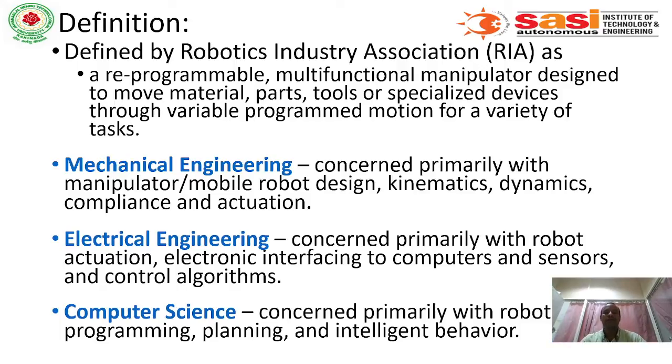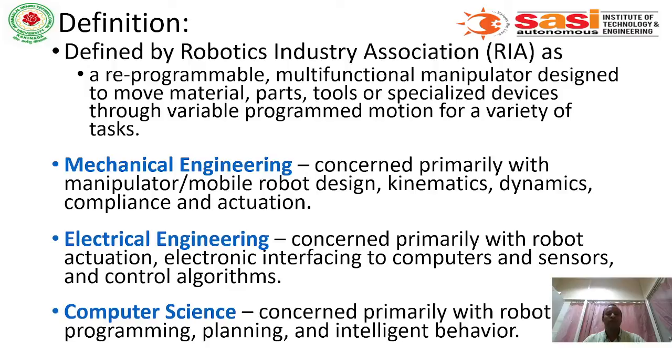It's a multifunctional manipulator. Manipulator is nothing but the robot, designed to move material. It may be any kind of material, maybe iron, wooden, glass, anything. Move material, parts, it may be tools or specialized devices, through variable programmed motion for a variety of tasks. That is the definition of a robot given by the Robotics Industry Association.